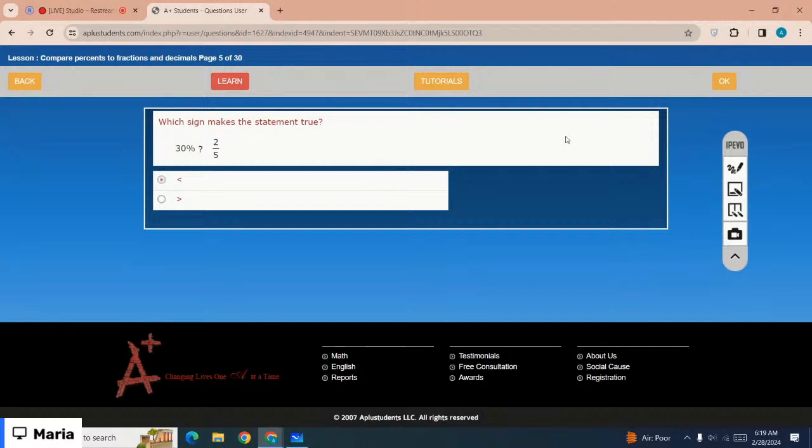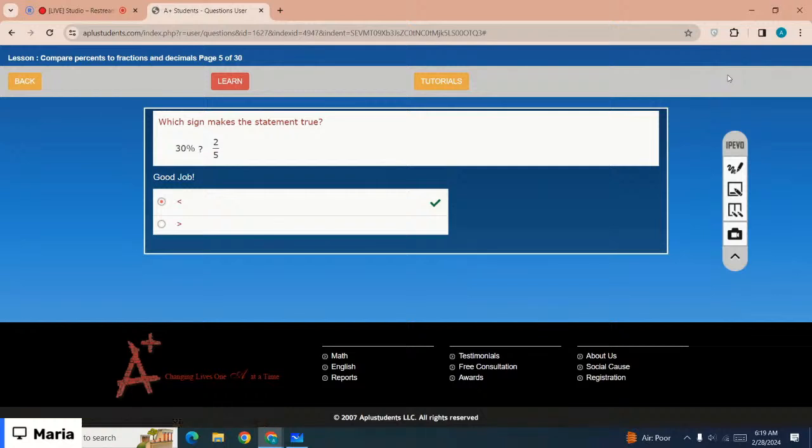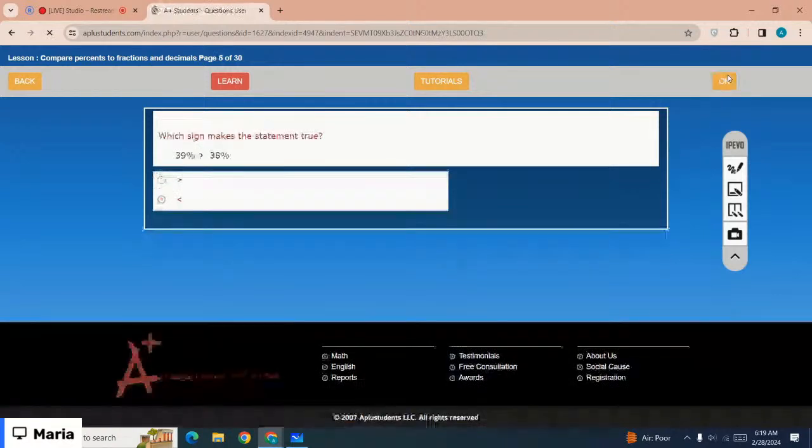The correct option is less than. Okay, the next one is which sign makes the statement true, which is the correct option? Yes, 39% is greater than 38%.